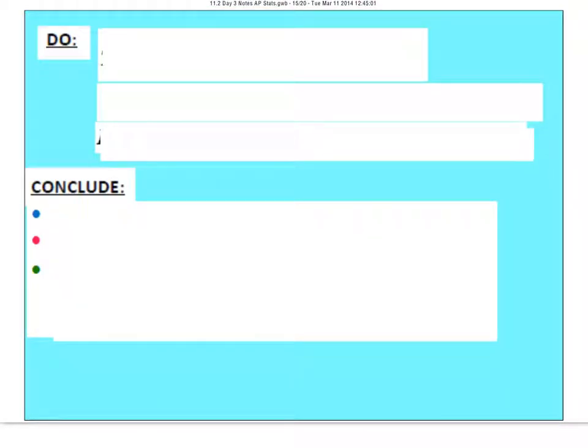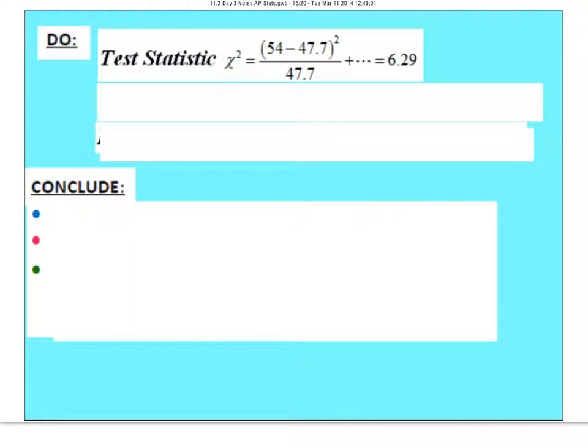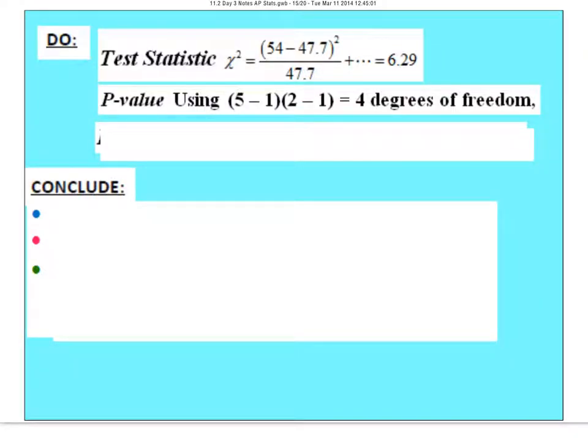So for this one, I obviously am going to use the calculator, and I'm going to put my observed counts in the matrix and run the chi-squared test under my test. If I do that, I can get the chi-squared statistic, so I would jot that down where it's 6.29. For the p-value, the degrees of freedom is the rows minus 1 times columns minus 1.